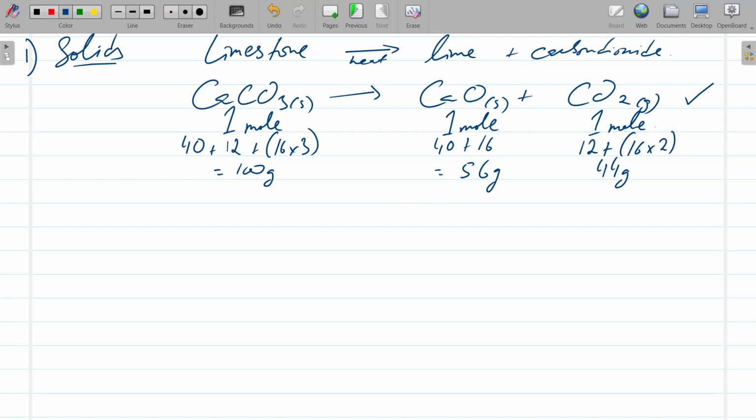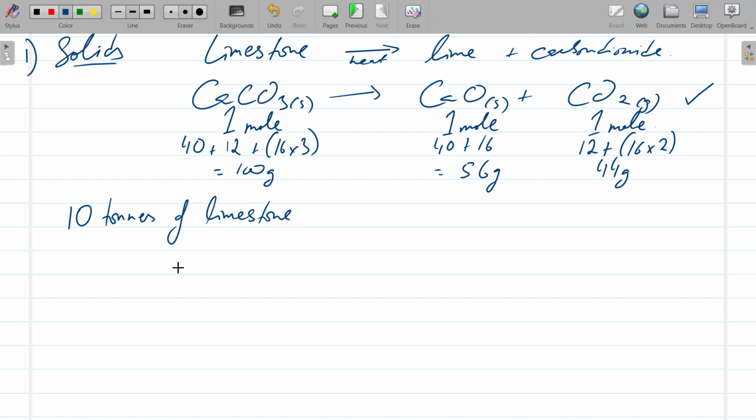We can use that to calculate the amount of calcium oxide produced with any mass of calcium carbonate that we have. So we're being asked to calculate the amount of lime produced when 10 tons of limestone are heated.